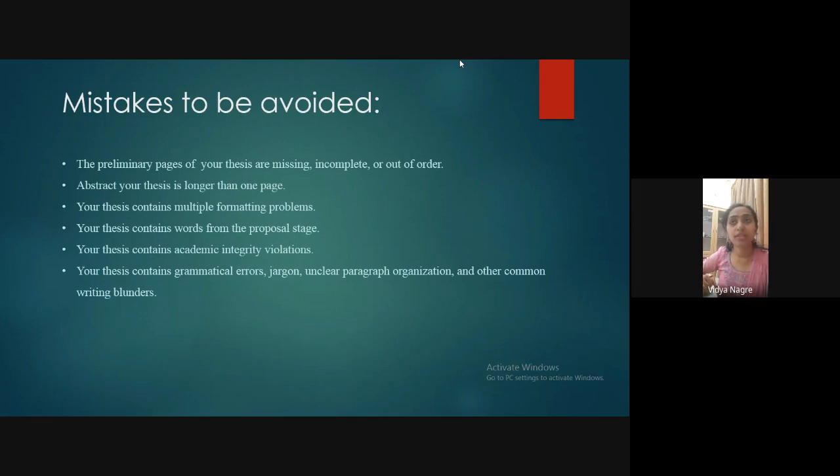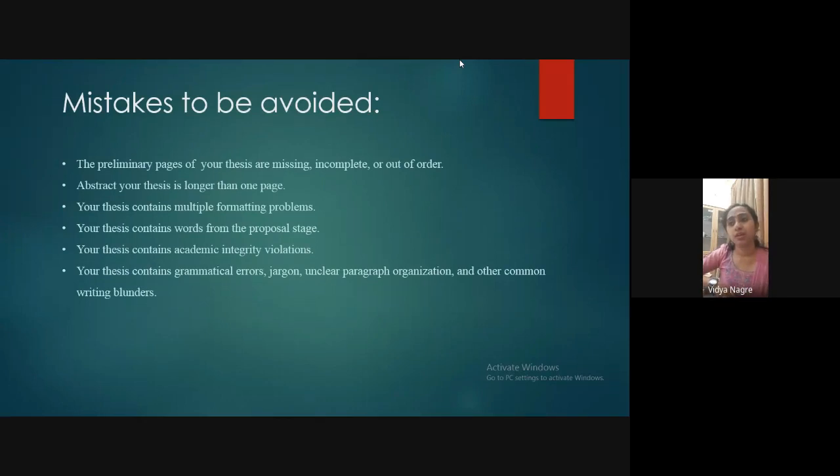I mean, please abide by the style sheet recommended by your university. If they recommend Times New Roman 12 font with 1.5 line spacing, which is ideal, or single line spacing, with justified in full block or semi-block format, go for that. Do not make a mix of full block and semi-block altogether. So you have to be careful about that.